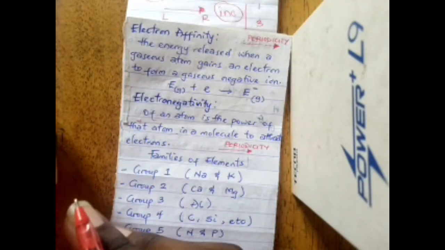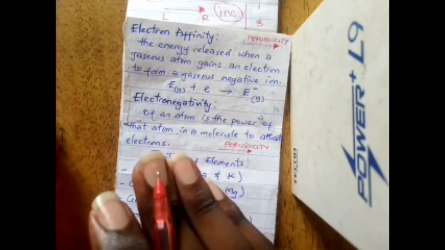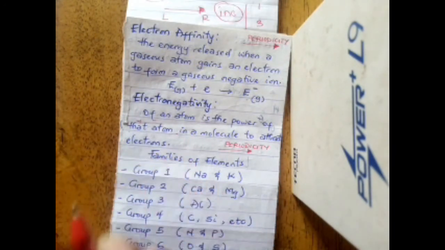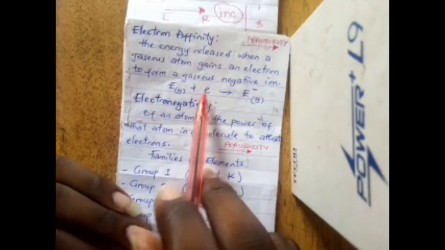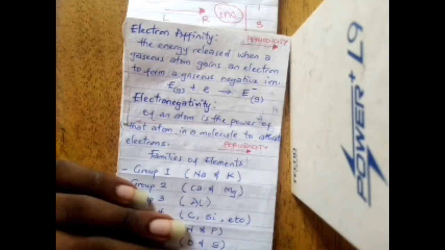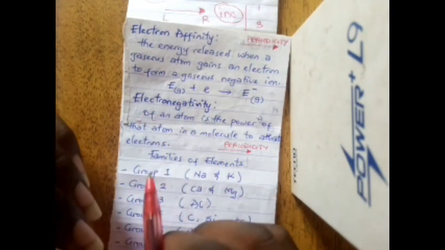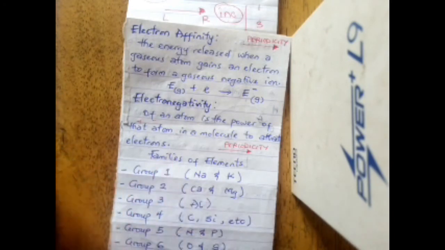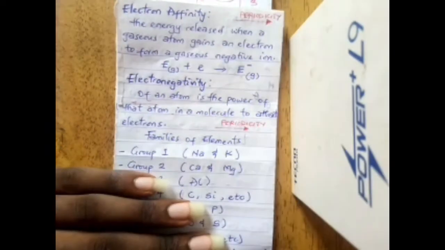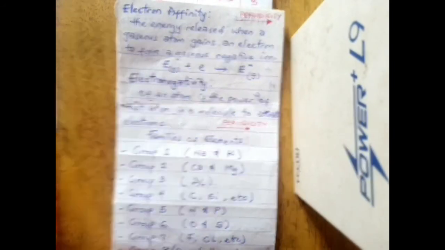So electron affinity, ionization energy, electronegativity, in very simple terms: ionization energy is the energy released when an atom loses an electron. Electron affinity is the energy released when the atom gains an electron. Now, electronegativity is the power of that atom to attract electrons to itself.